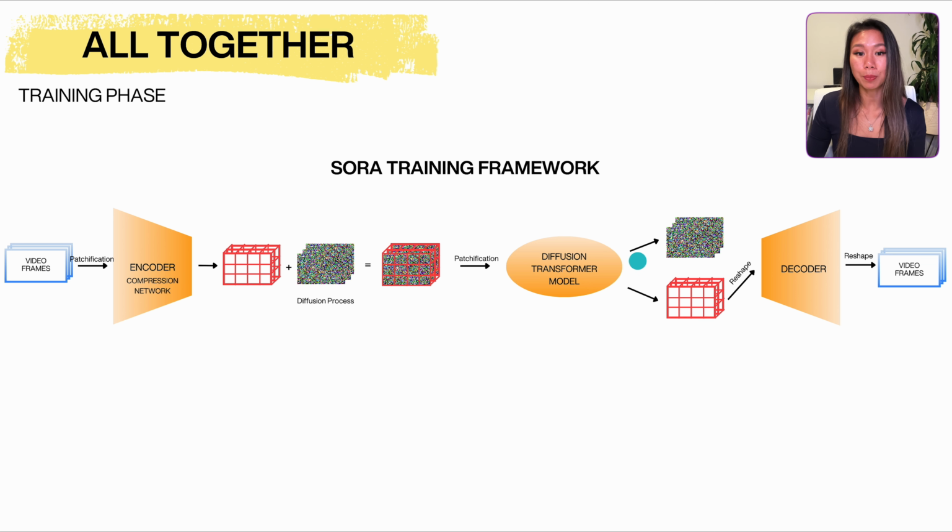This model will then separate the noise from the clean latent representation, which will then get reshaped before it's passed into the decoder. The output from the decoder will then get reshaped back into a video again. The video at the end should then match the video at the beginning as closely as possible. You do that over and over again for millions of videos, and by the end of it, you have these 3 models that are trained.